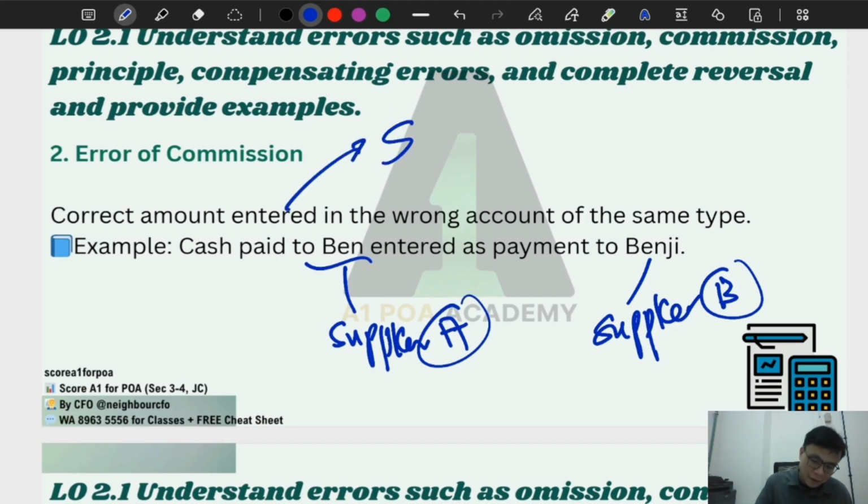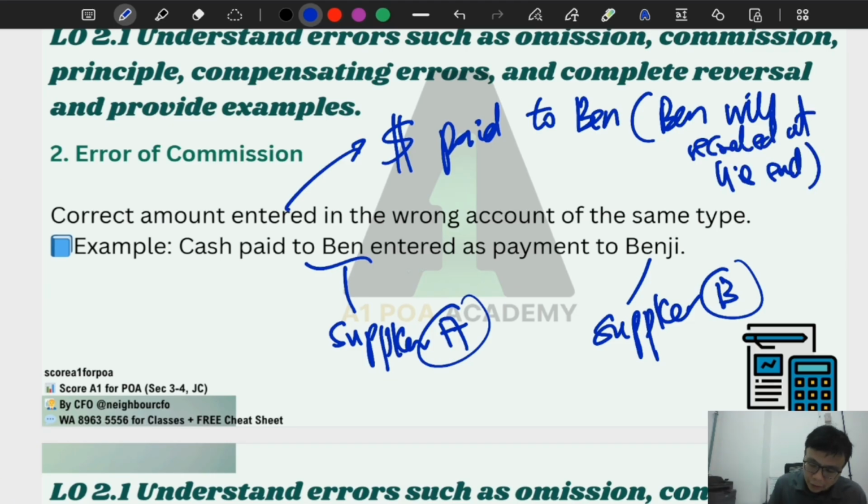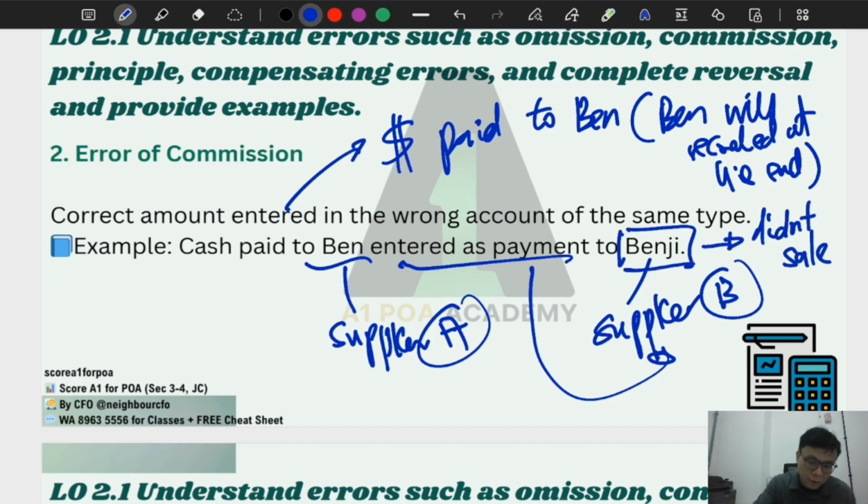For Ben, the physical cash would have been paid to Ben, and Ben will record it at his end. But you record the payment to Benji. And guess what? Benji didn't sell to you, probably for that particular month of the particular year.